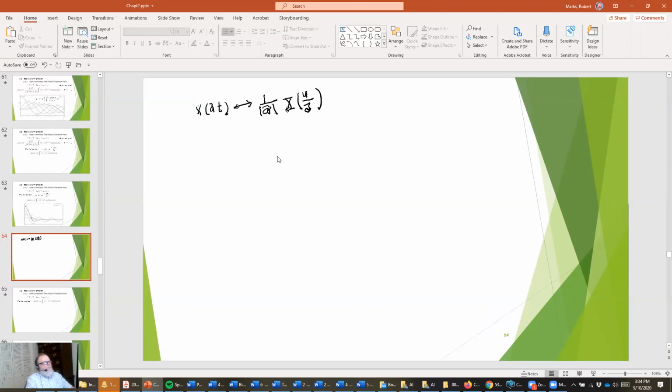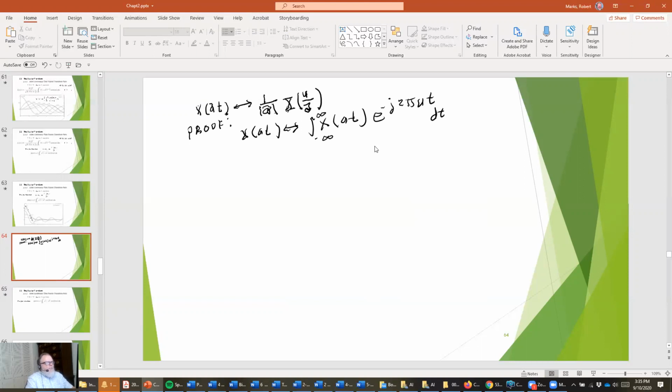Now, this is not apparent in the derivation of the scaling theorem, but the proof is a little bit tricky. You have to be careful about it. The proof is that x of at has a Fourier transform of the integral of x of at e to the minus j 2 pi u t dt, with the integral from minus infinity to infinity.